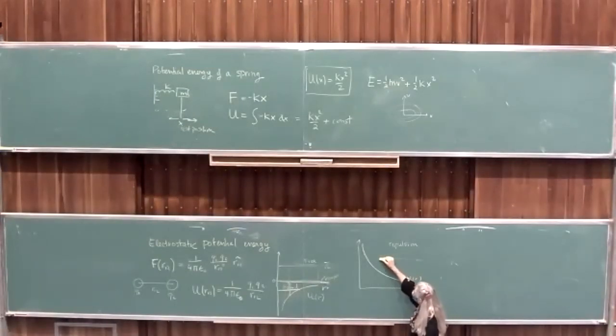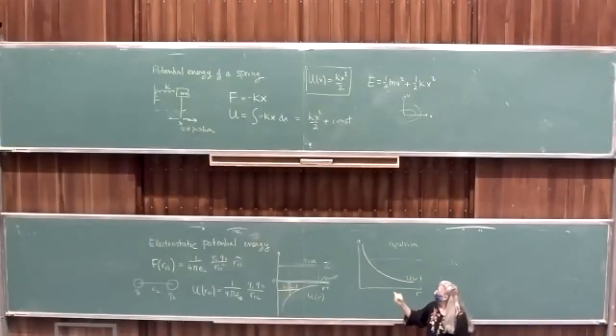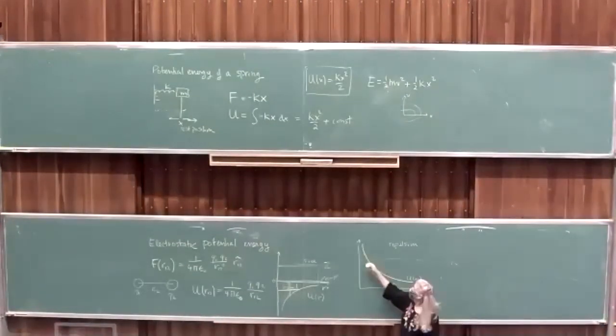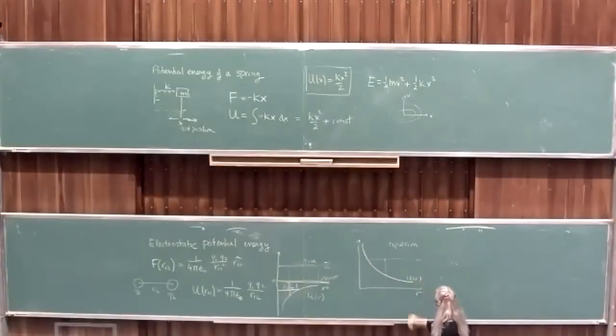And then here's their energy. I can ask what's their minimum distance apart, because it would be set by where the kinetic energy goes to zero. It would go in and bounce back out. They don't have enough energy to get closer together. So that's what the potential energy curve looks like for electrostatic.